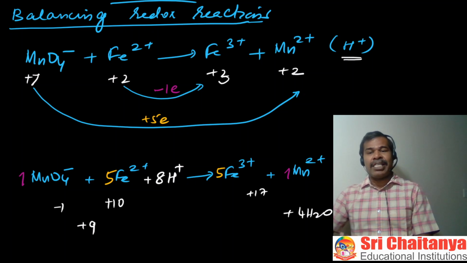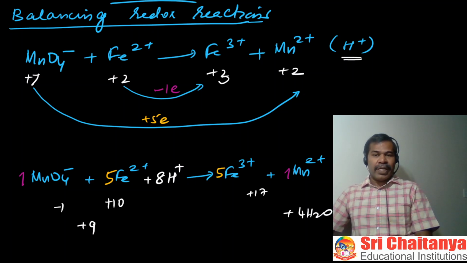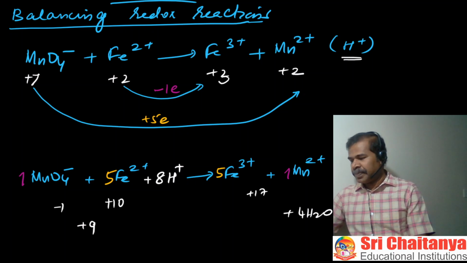That is the valency factor you find out, and exchange them for the coefficient of the other substances. So understand it well, because 5 into 2 is 10, 5 into 3 is 15. So there is a transfer of 5 electrons. Those electrons are going to MnO4⁻ to reduce it. So here the oxidizing agent is MnO4⁻, the reducing agent is Fe²⁺.